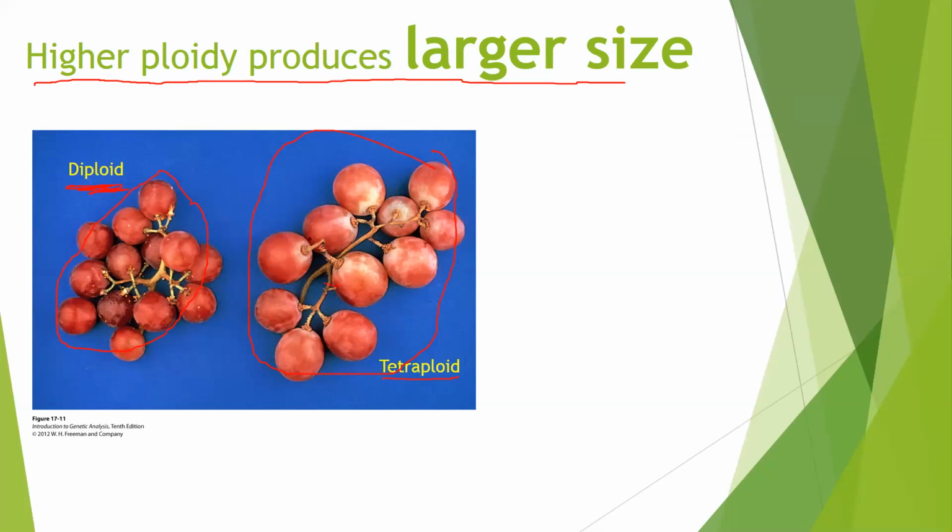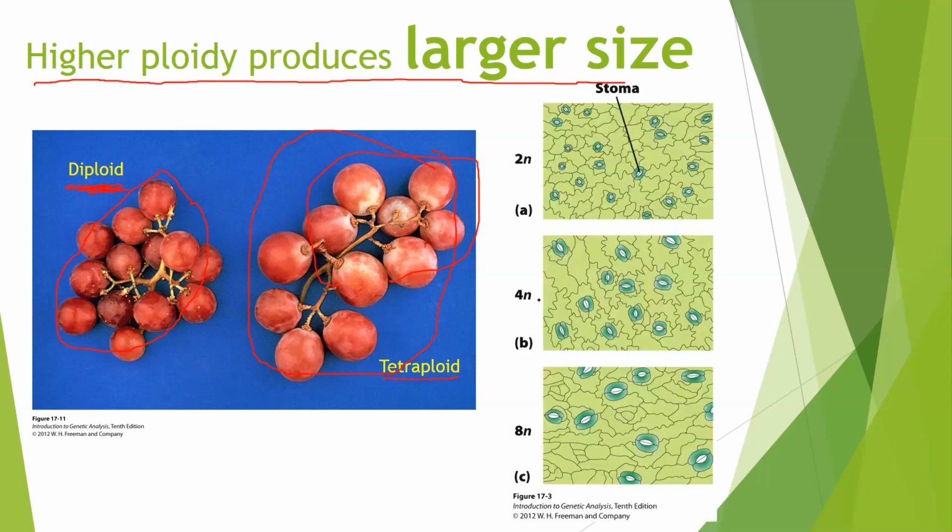So no wonder they can grow faster and larger. That's the benefit of having higher ploidy in plants. The same thing here: this is the stoma, 2N. The diploid is smaller, 4N is larger, and 8N. You can see the difference, right?